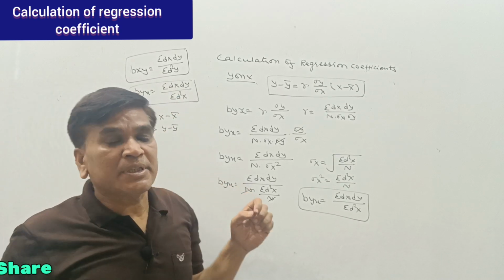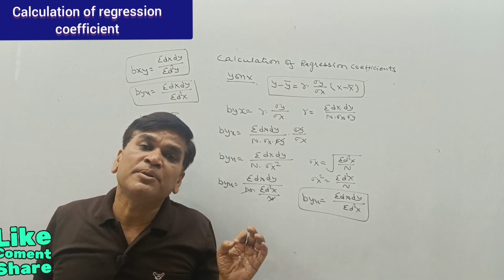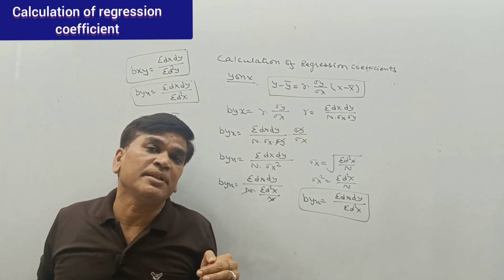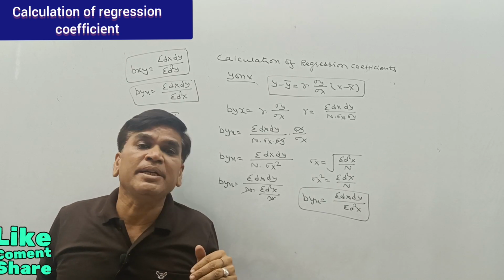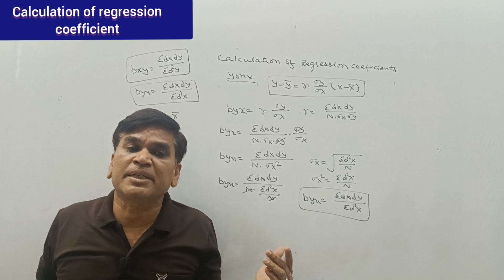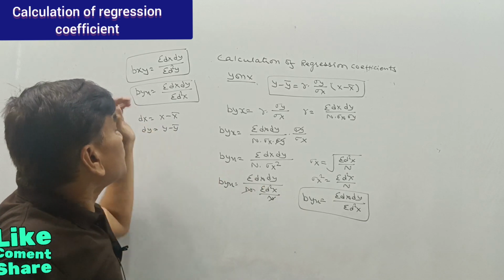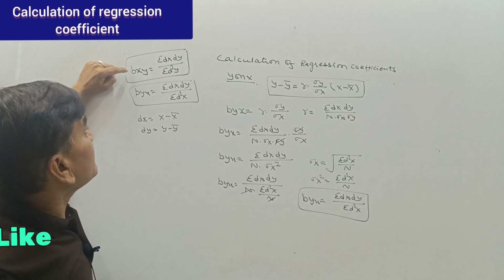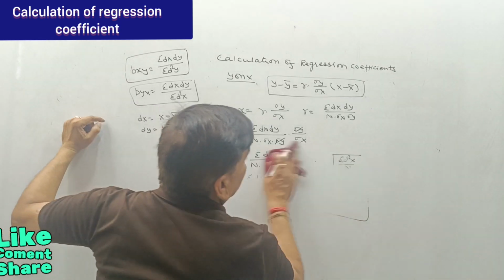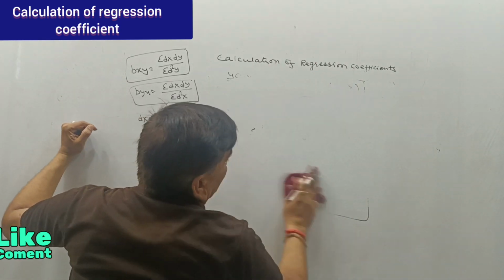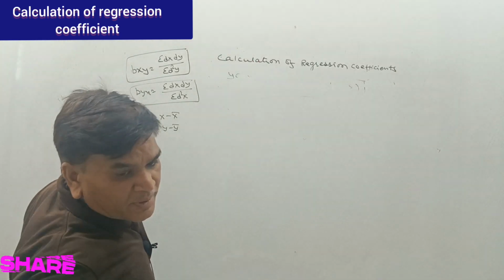This is the first method to calculate the regression coefficient. You can calculate the regression coefficient with the direct method, so you have to use that formula directly. I am writing it here; you just have to remember this formula.